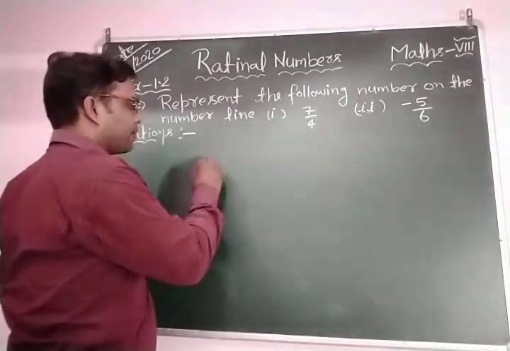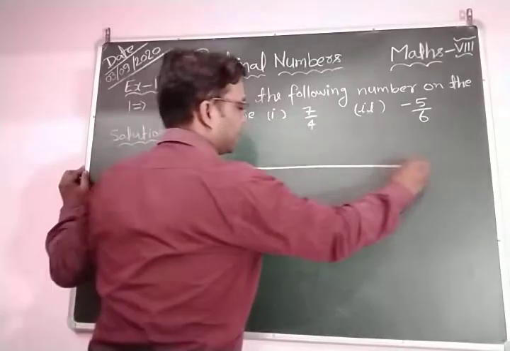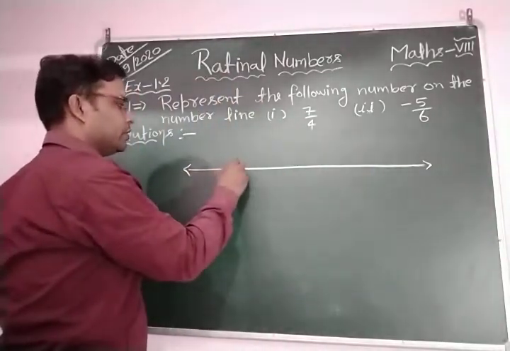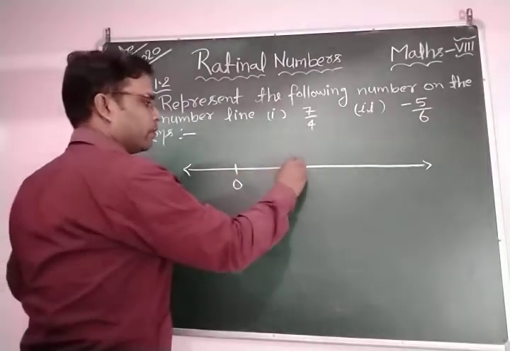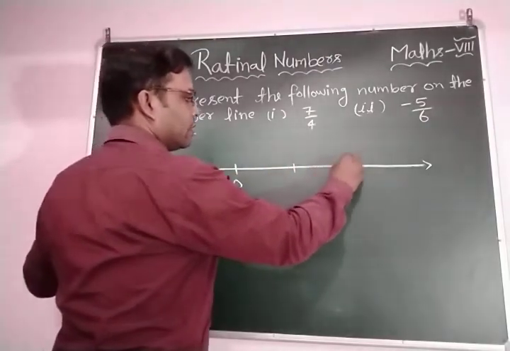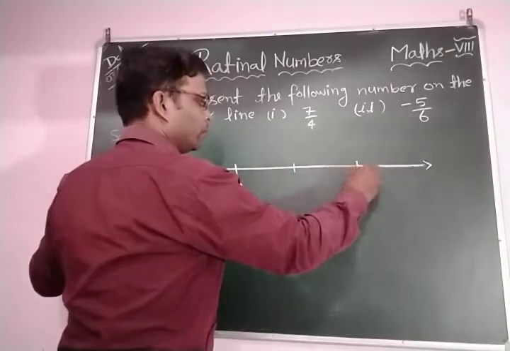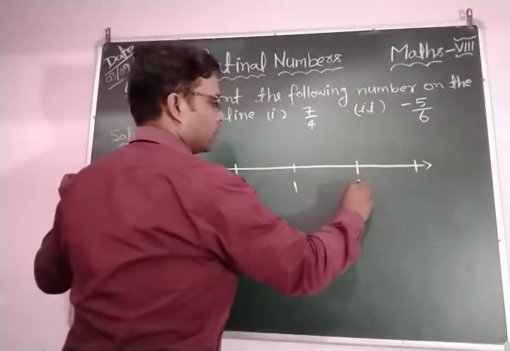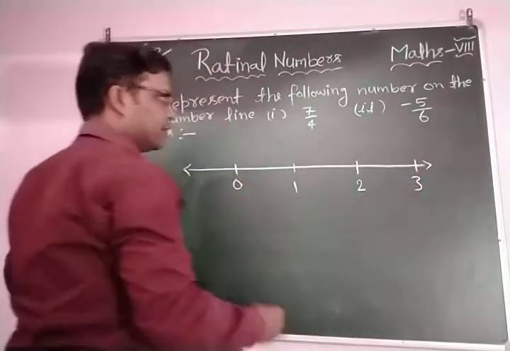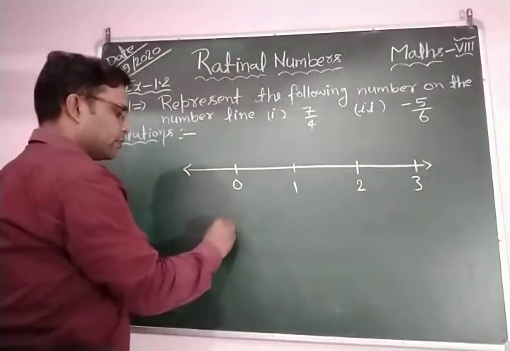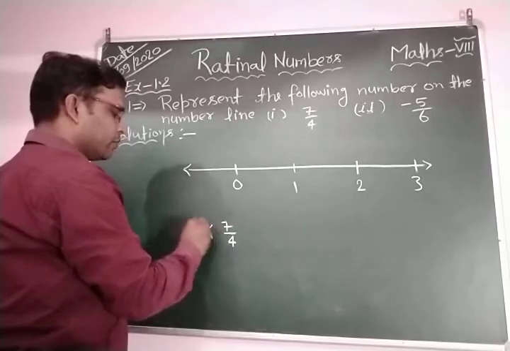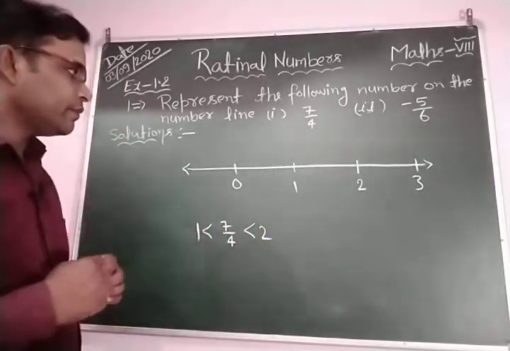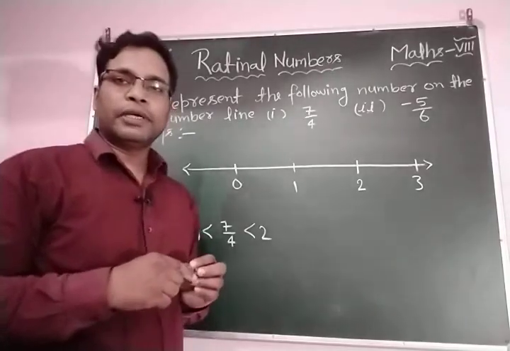And the second way, first we draw a number line like this. Suppose this is 0, 1, and 2, and suppose here 3. You can see 7 by 4 is greater than 1 but less than 2.